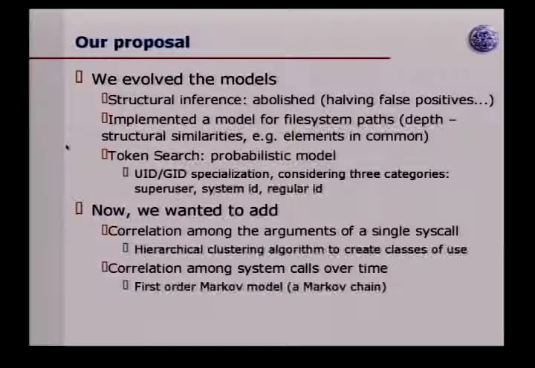But he didn't add in a time correlation. We did. And we correlated over time, not looking just at the open or whatever else system call, but looking at the sub-model of the system call. And this gave us much better precision and much better results.